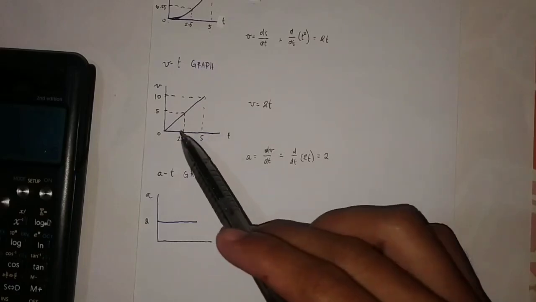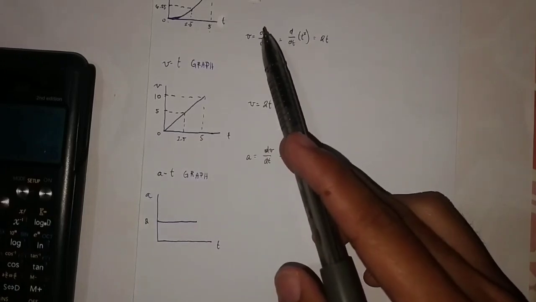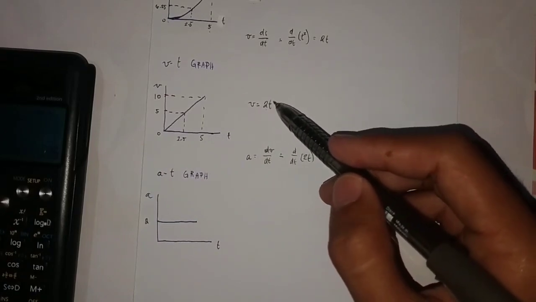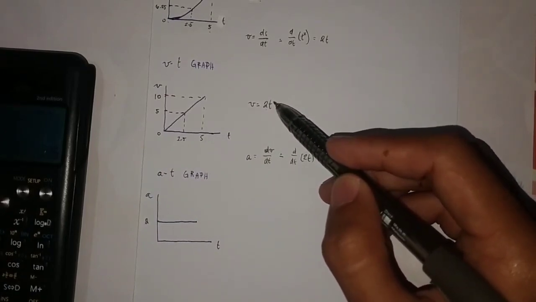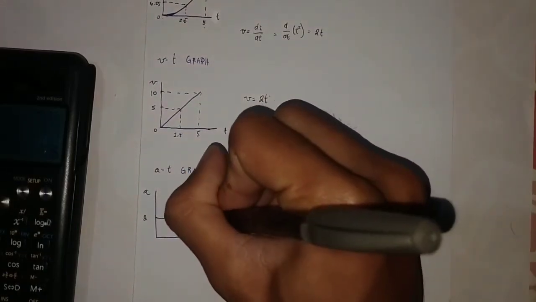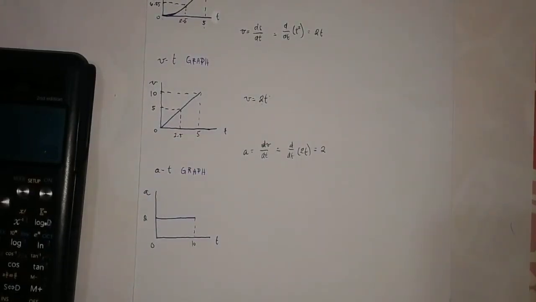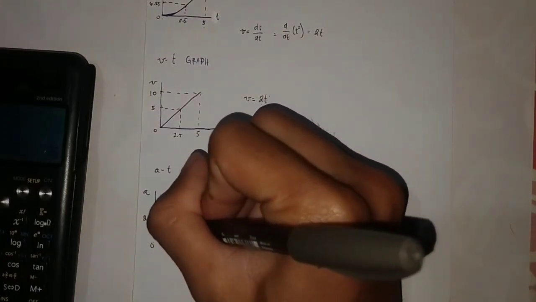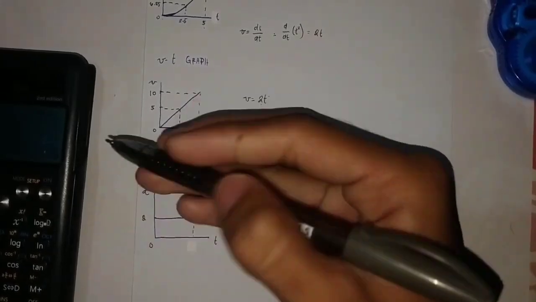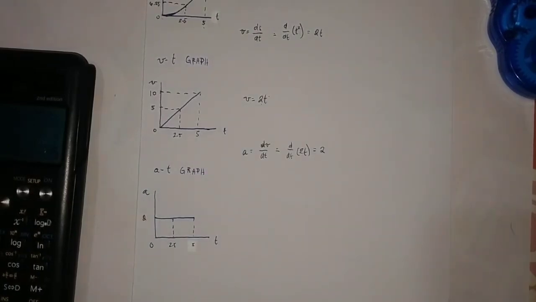So always remember that if your velocity is in constant rates, just a diagonal line, and the degree of your equation is only 1, it means your acceleration will be constant. So at any time given, your acceleration is 2. Which means at 2.5 seconds, your acceleration is also 2.